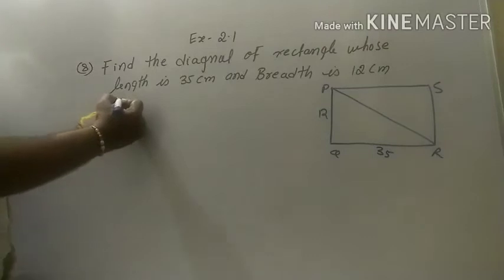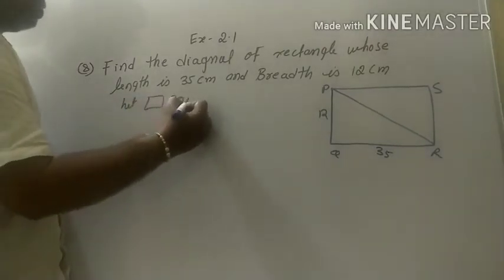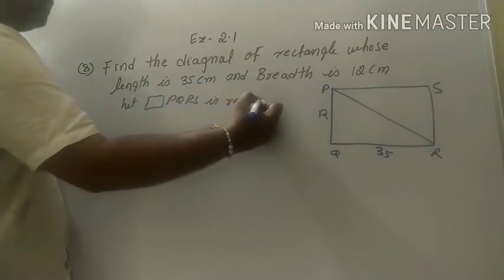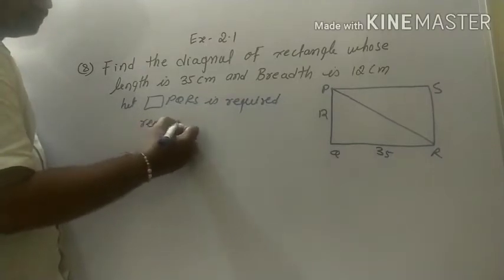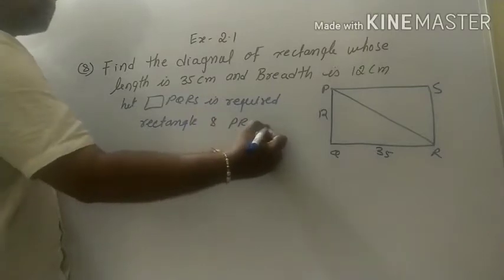Now let quadrilateral PQRS be the required rectangle and PR be the diagonal.